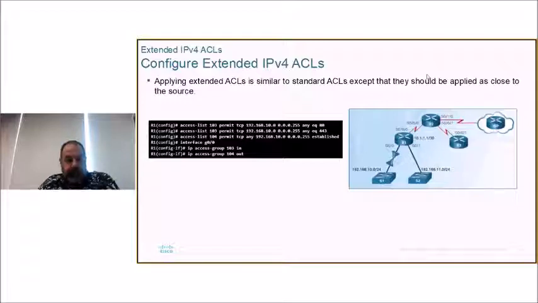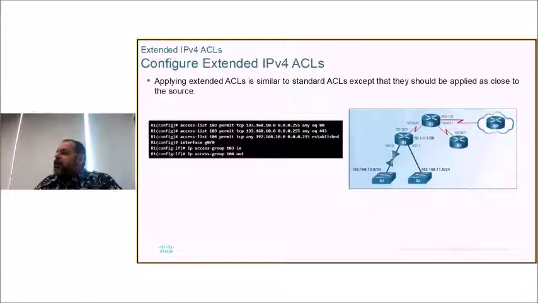Now, do we remember from CCNA 2 what is implied at the end of every ACL? What's that? Deny any, basically. In this case, because we're talking about extended, it's a deny IP any. So if you remember, you have to have at least one permit statement on your ACL.